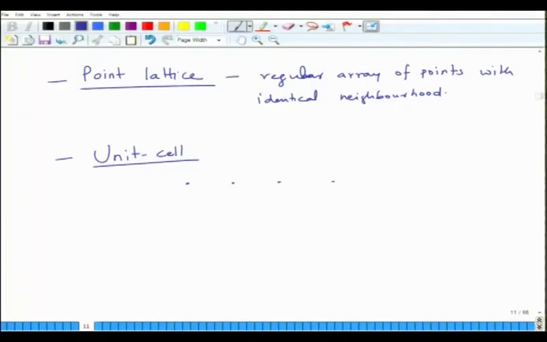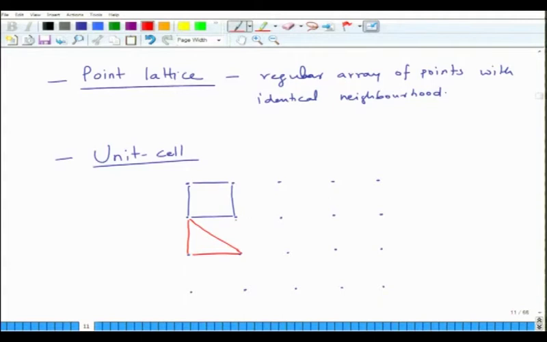So, for example, now we choose this as a unit cell, or we choose some other shape as a unit cell, but we do not choose, for example, this as a unit cell, right.